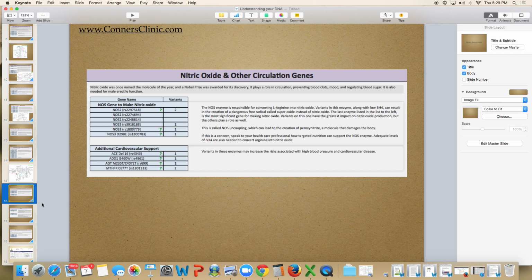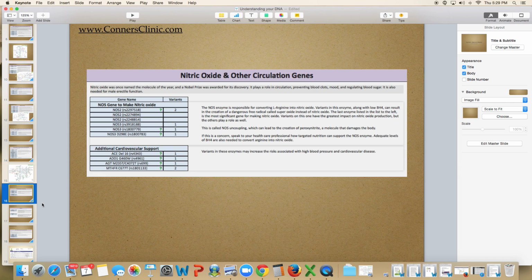NOS2 is found in the brain, and that's protective and neuroprotective to the brain. NOS3 is also called endothelial nitric oxide. The endothelial cell is the cell that lines your blood vessels. That is absolutely essential to your blood vessels and the health of your blood vessels.